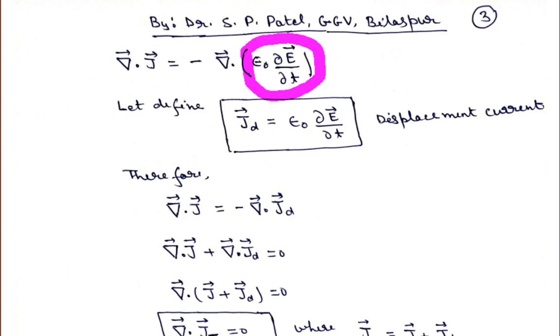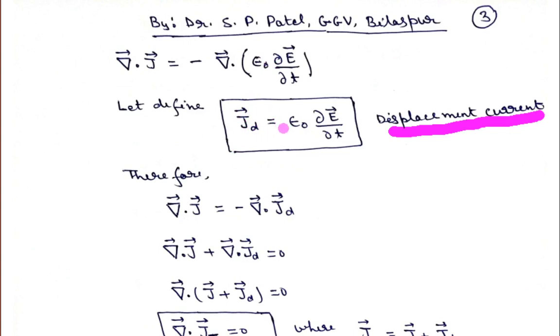So Maxwell defined a new quantity, known as the displacement current. I am introducing a new quantity, and this is very, very important. This displacement current is J_D, where J means current density and D stands for displacement.